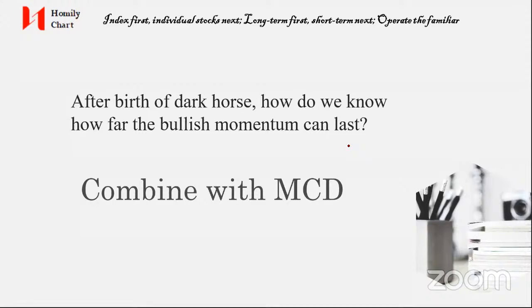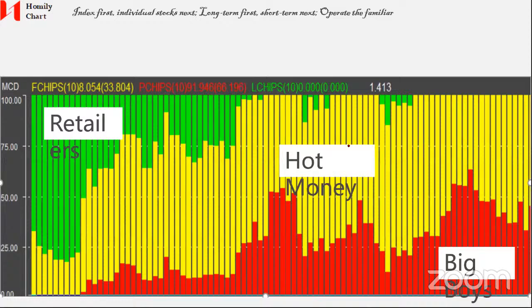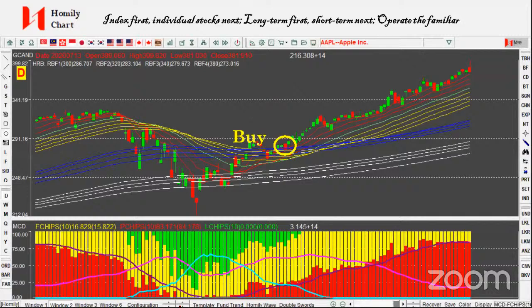So we always have to combine with multicolored dragon. You know the basics: the red bar is the big boys, the yellow is the hot money, and green is retailers, right? And then, for example, this is not an example of birth of dark horse.